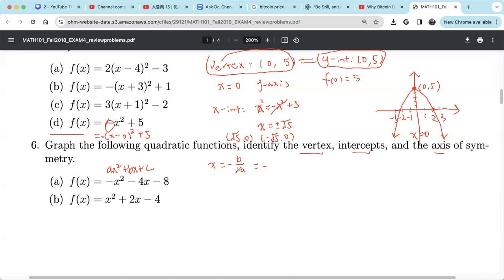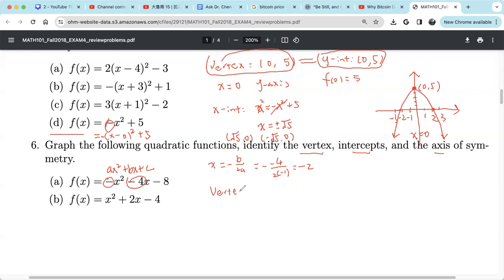So in this case, b is -4. So -(-4) divided by 2 times a, where a is -1. So we have 3 negative signs, and 3 negative signs result in a negative: 4 divided by -2, which is -2. So the line of symmetry is -2.